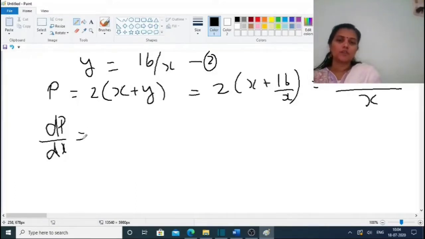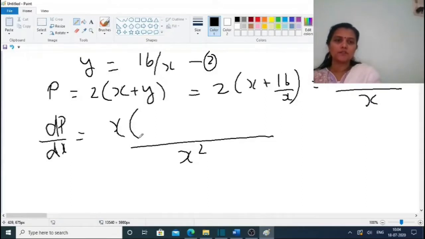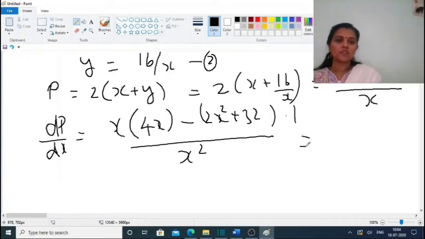So this is the quotient rule, x square into the derivative of 2x square plus 32, which is 4x, minus 2x square plus 32 into the derivative of x, which is 1. So this is 4x square minus 2x square, which is 2x square minus 32, by x square.